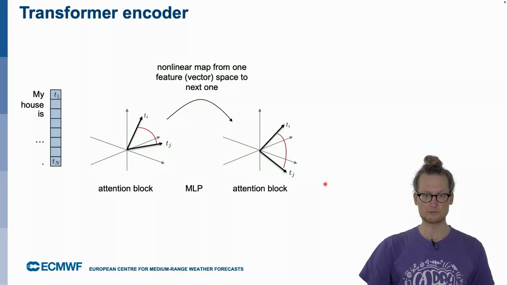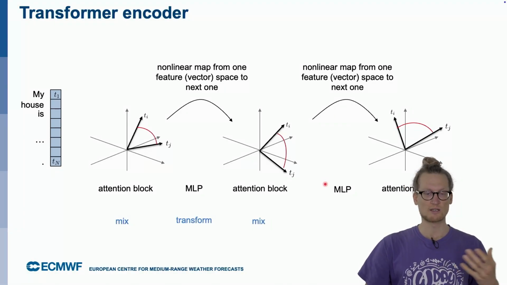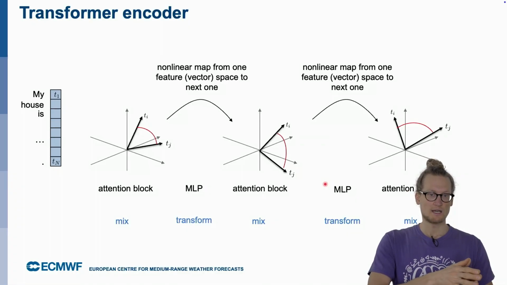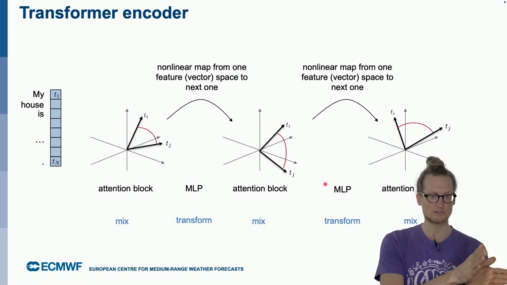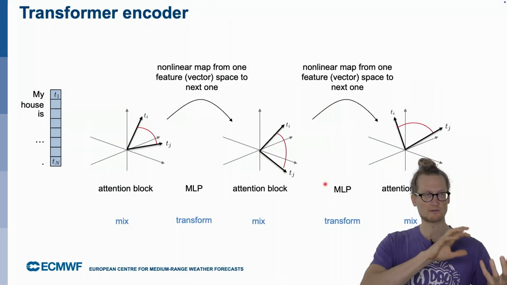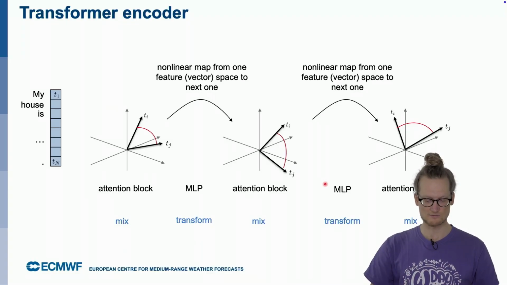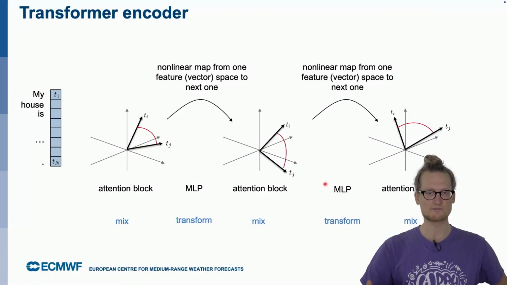If we repeat this multiple times, we have this mixing and transforming behavior iteratively, and this is pretty powerful because you can realize any kind of function that you want, by first computing the similarity of tokens, then converting them into a different vector space, and then again computing some similarity. So there's an open space for what you want to achieve. This architecture is very versatile, as I mentioned, due to this pretty uniform, universal principle.